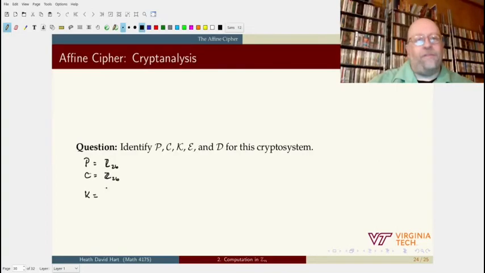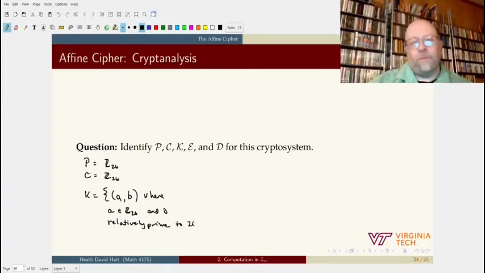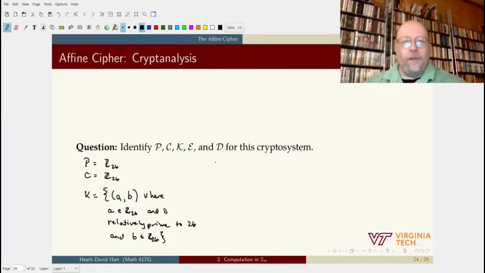So K is the set of pairs A, B, where A is in Z mod 26 and is relatively prime to 26. And B is just in Z mod 26, but it doesn't have to be relatively prime to 26. All right.